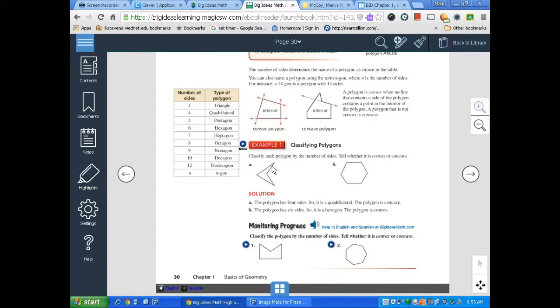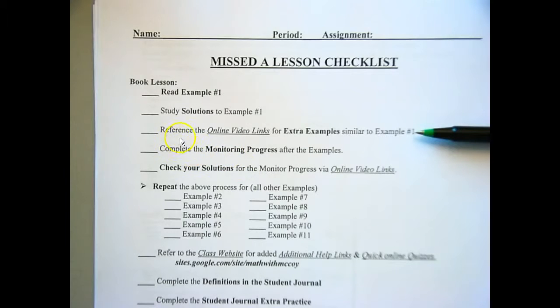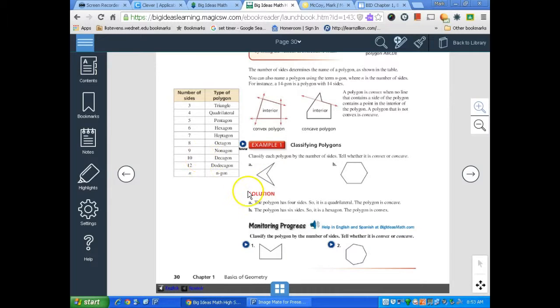Okay? After you finish looking through the example, studying the problem, and then referencing the online extra example, you complete the monitor progress after the example. So down here, usually after every example or two, there's some monitoring progresses. Once again, this exact problem is on this online video right here.